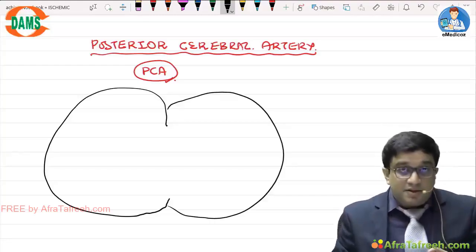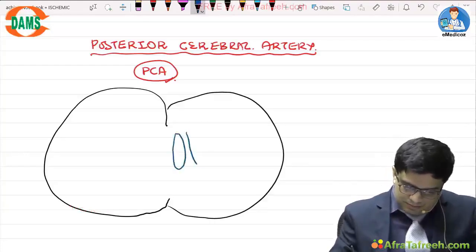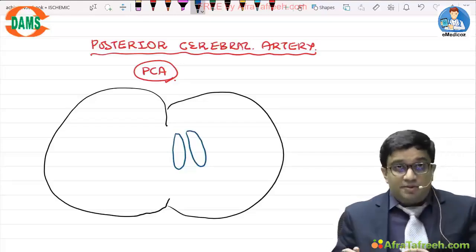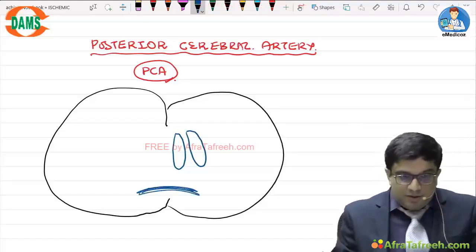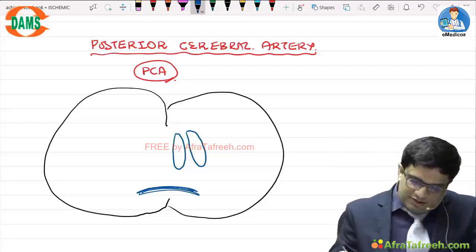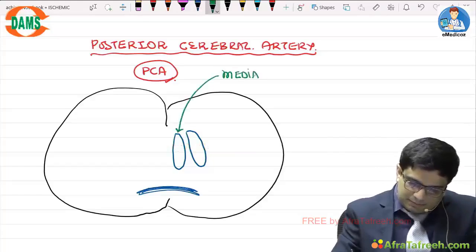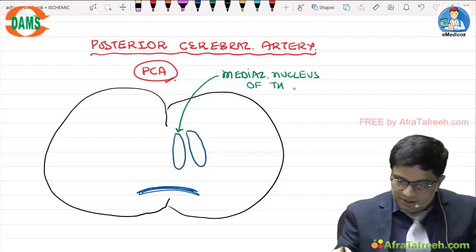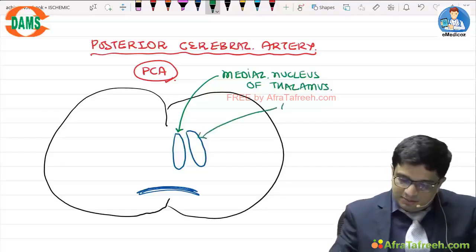Okay, so let me mark out the medial part first. On one side only I'm making it. When I look at these structures, what are they? This one is the medial nucleus of the thalamus. This one is the lateral nucleus of the thalamus.